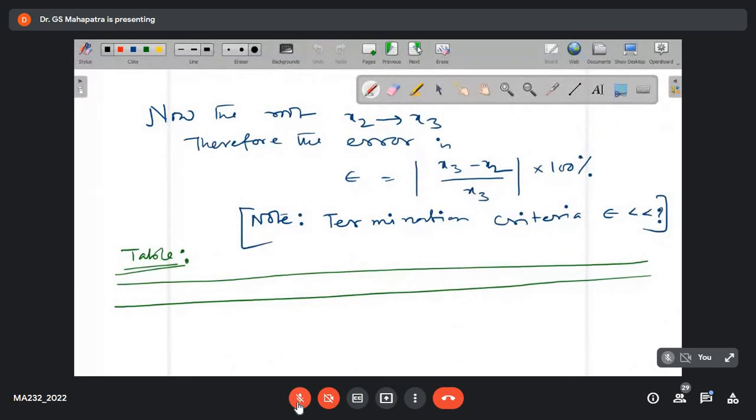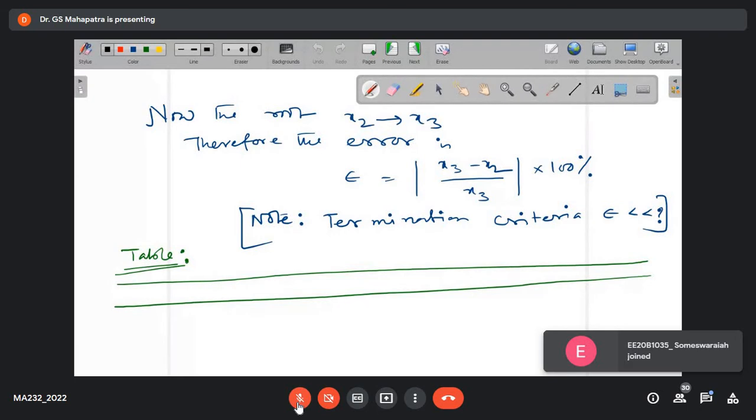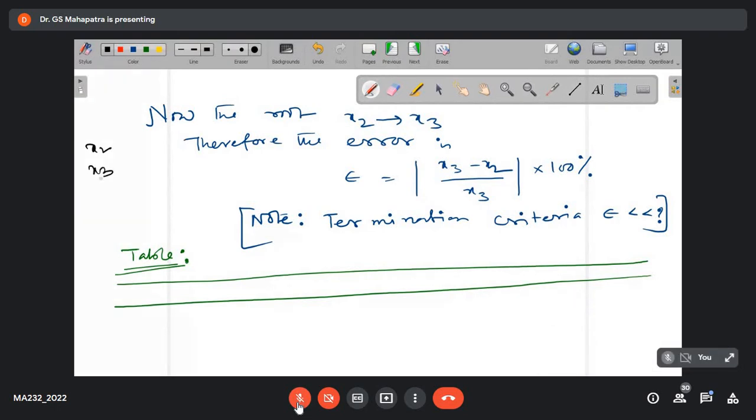So now you have replaced x2 by x3. Earlier x2 was the solution, now x3 is the solution. So what is the accuracy now? Therefore we have to find the error. So epsilon is x3 minus x2 by x3 into 100%.